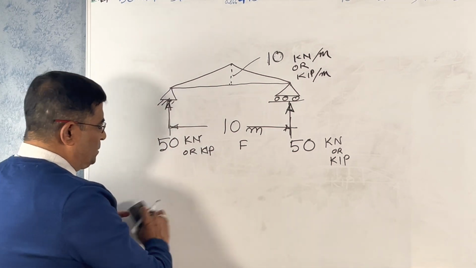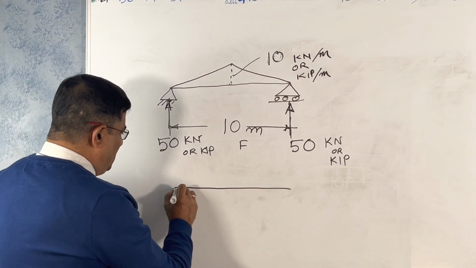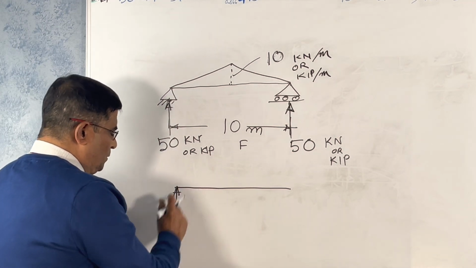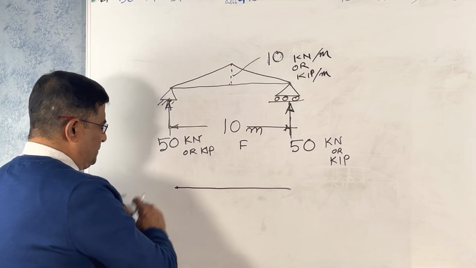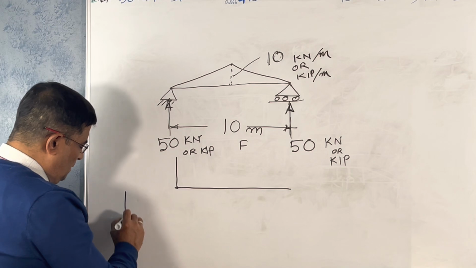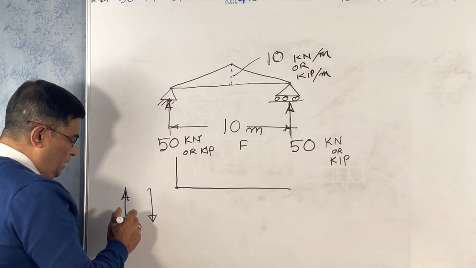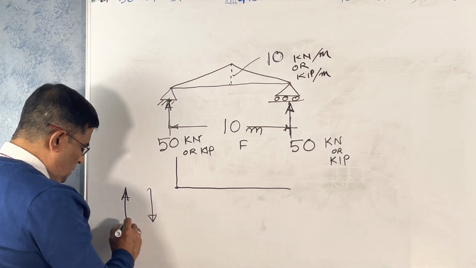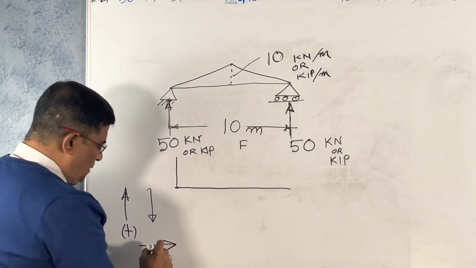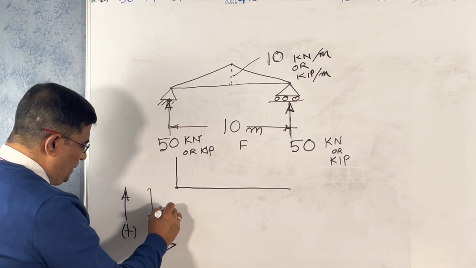So, what is the shear force? Here it is 50. It is the shear force diagram. You have to draw it like this. 50. What is your convention? If you go from left to right, upward is positive and downward is negative.